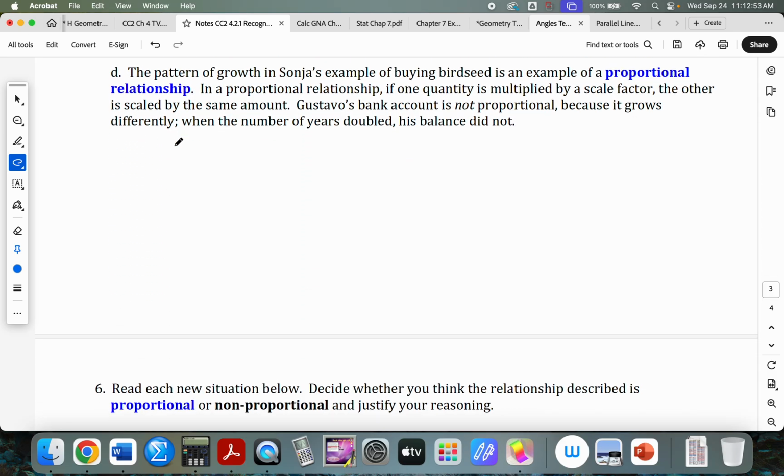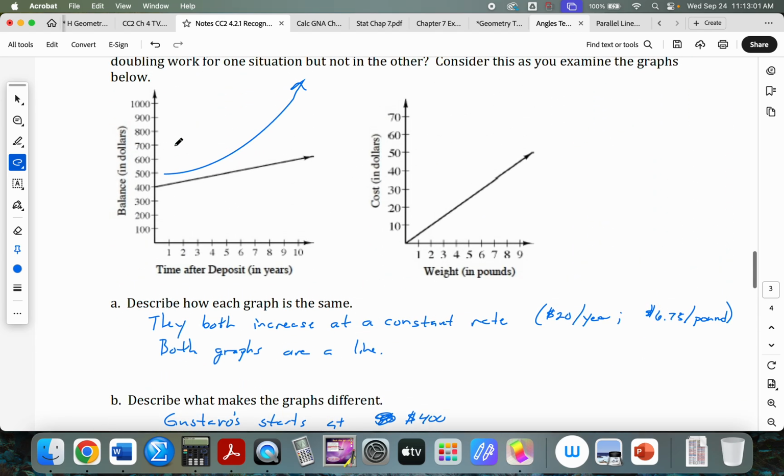Here's the important part. The pattern of growth in Sonia's example of buying birdseed is an example of a proportional relationship. So let's go back up to this. This one is proportional. This is not proportional.